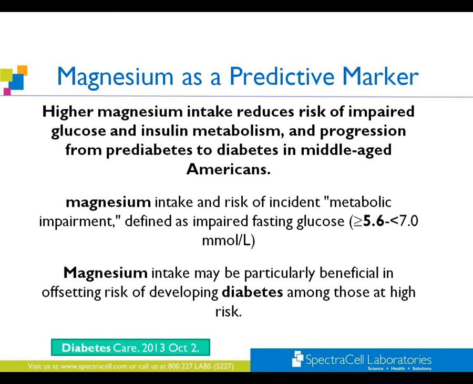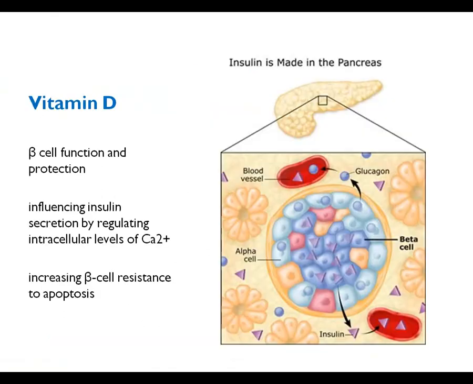However, if you look at the enzyme that tries to maintain the length on these telomeres, it's called telomerase. Telomerase is a magnesium-dependent enzyme. So if we think about telomerase trying to help maintain the length on these telomeres, and that length being associated with glycemic control, it stands to reason that the better the magnesium status, the better the telomeres, the better the glycemic control would be. So just an additional mechanism for you to consider as well.